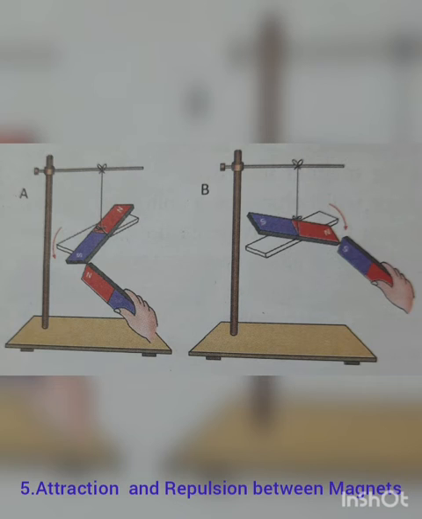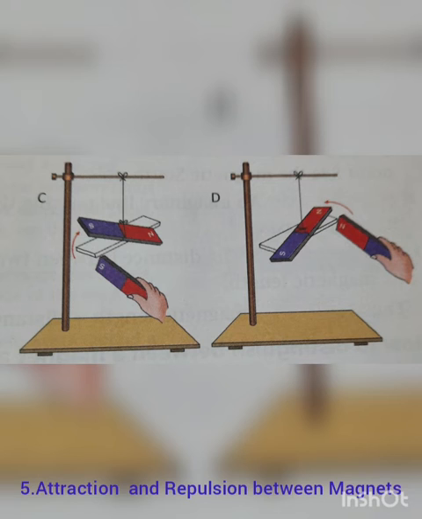And the next activity, from these same materials. Again, suspend a magnet from the stand and bring the like poles together, like the south pole of the suspended magnet and the same south pole of the other magnet meeting together.